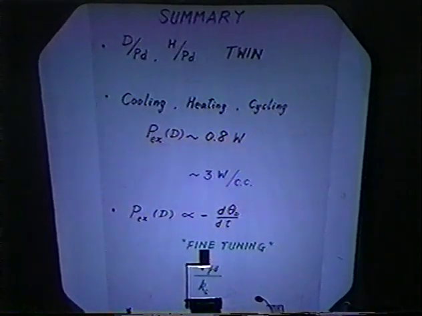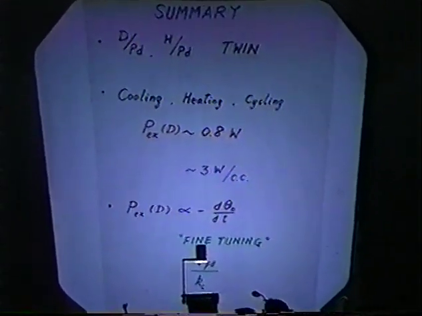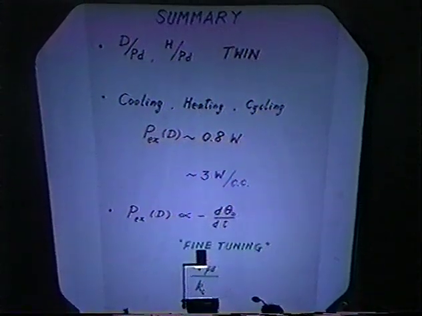If we do not heat it, just let it cycle with the room temperature, we get the information that this excess heat power is proportional to the temperature derivative with negative sign.